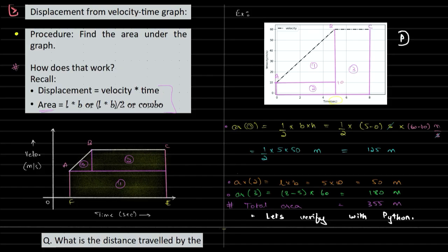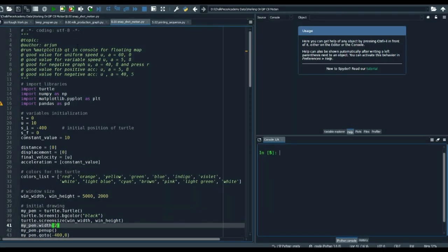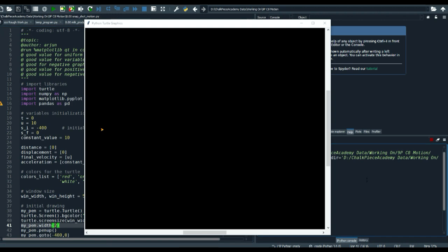So let me verify this. Remember, we are taking a linear motion, so motion in one straight line. Keep that in mind. So we have 1, 2, 3, 4, 5 seconds with increasing velocity, and then the same velocity for the next 3 seconds.